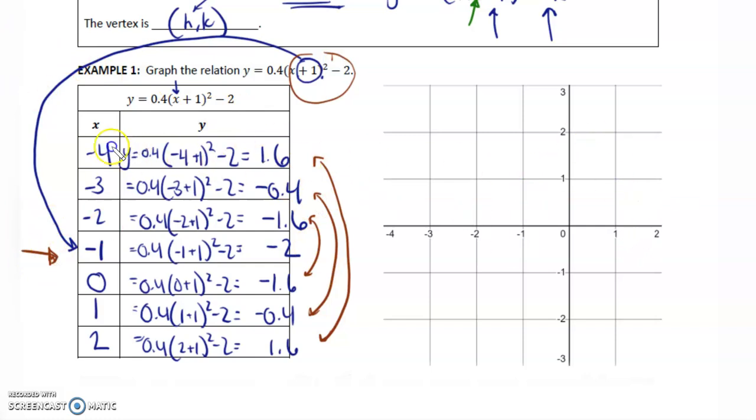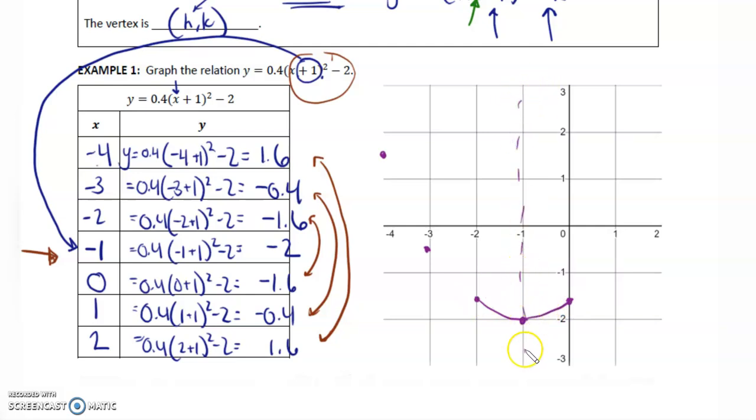Okay, and now let's graph. (−4, 1.6), (−3, −0.4), (−2, −1.6), (−1, −2), (0, −1.6). And if you can see, this is already symmetric, right?